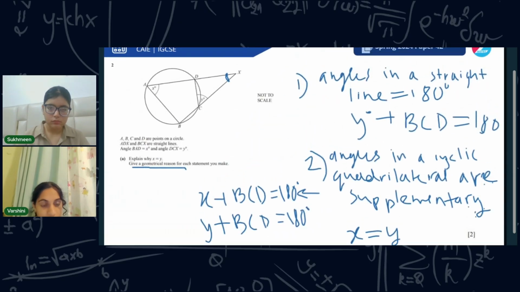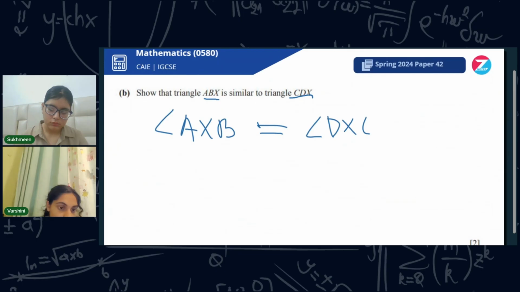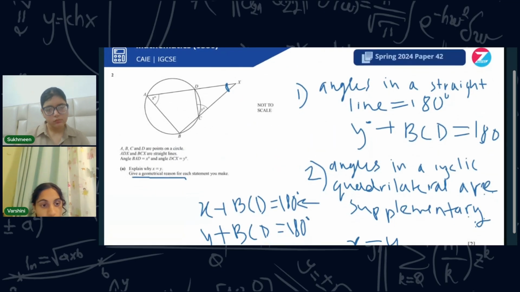To find the next equal angle, we know we've just proven that angle x equals angle y. So over here we can also say angle x equals angle y. And since two angles are already the same, we know that XDC has to be equal to ABX, because angles in a triangle always add up to 180.